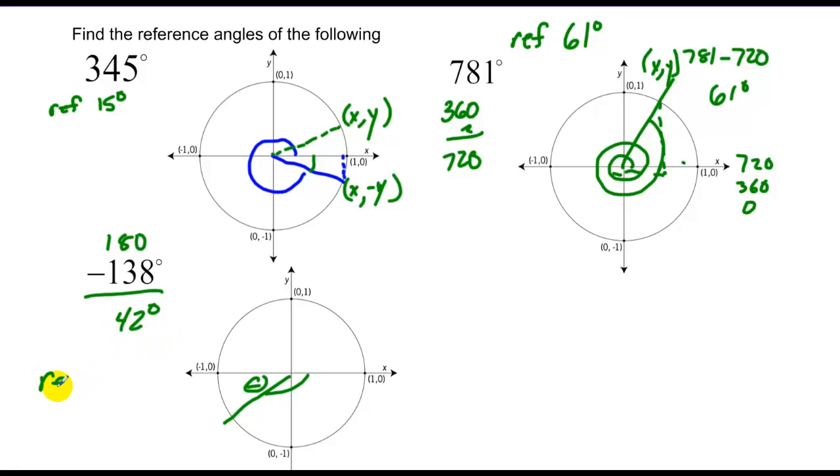So my reference is 42 degrees, which means this angle's relative x and y is equivalent to 42 degrees x and y, except since I'm in the third quadrant, both of these x's and y's would be negative. And I'm going back again and again to that concept because we're going to need that very soon.